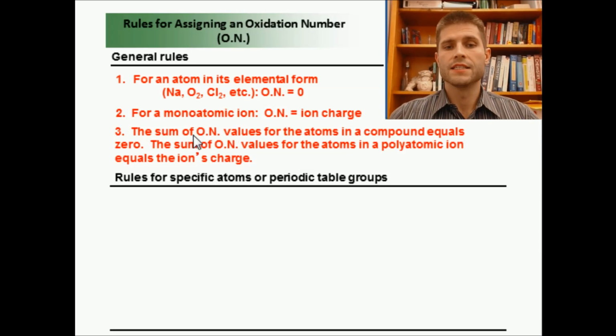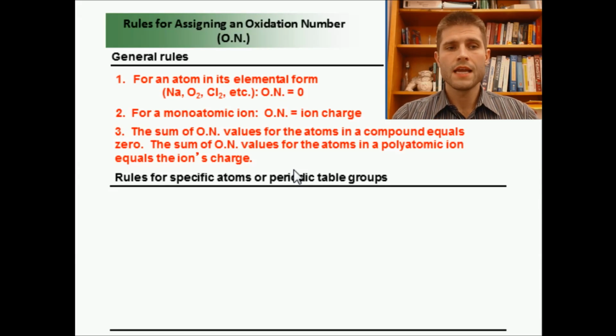The sum of the oxidation number values for the atoms in a compound equals 0. So if we have a compound, let's say we have NaCl, we know that the overall oxidation number has to equal 0. Compounds are neutral molecules, neutral compounds. So they cannot have a disparity between the positive oxidation number and the negative oxidation number.